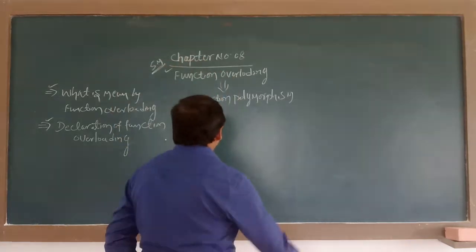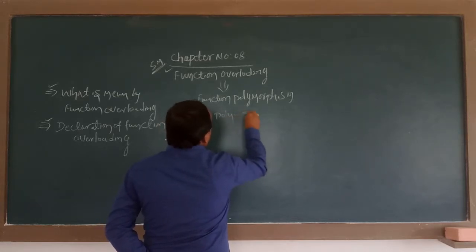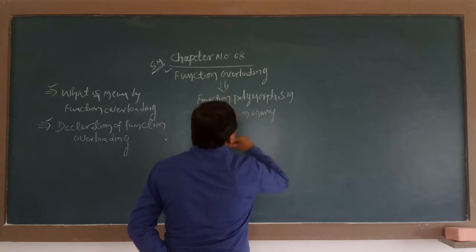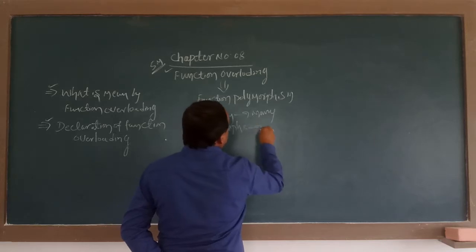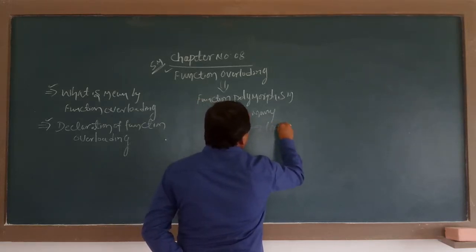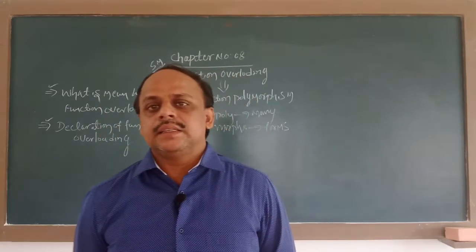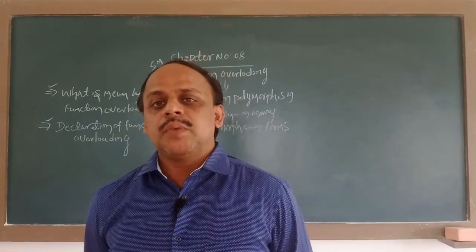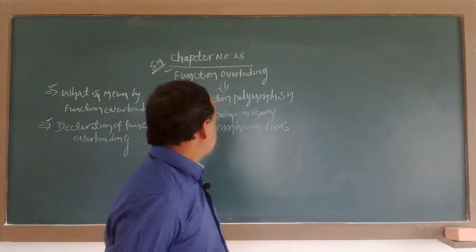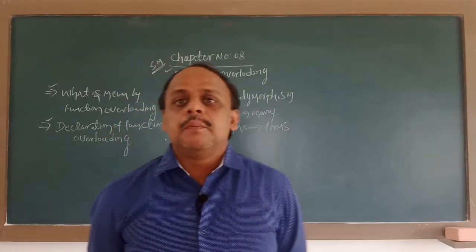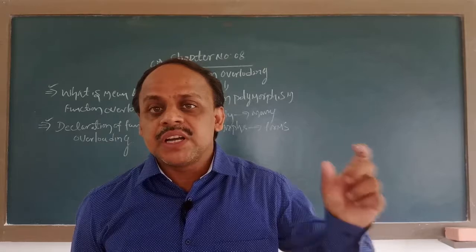See here, poly means many, morph means forms. We already learned the definition of polymorphism, right? So poly means many, morph means forms, so function polymorphism means a function with many forms, the same function with many forms.